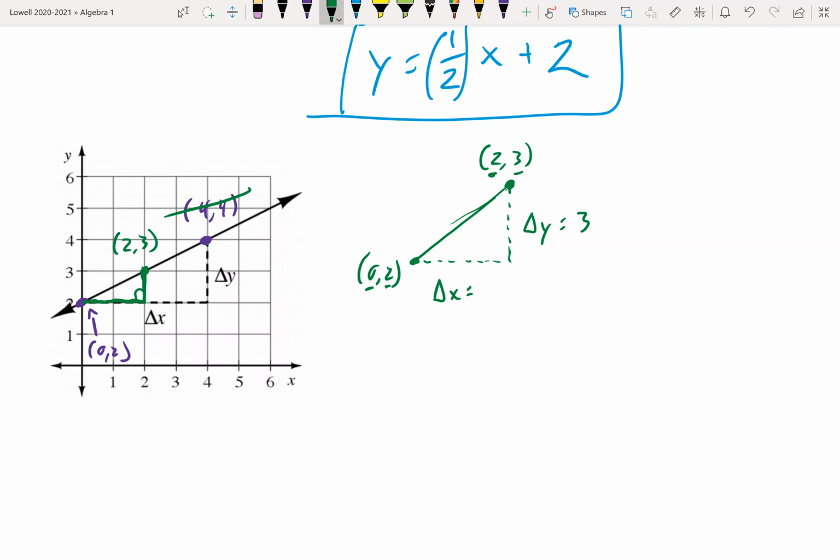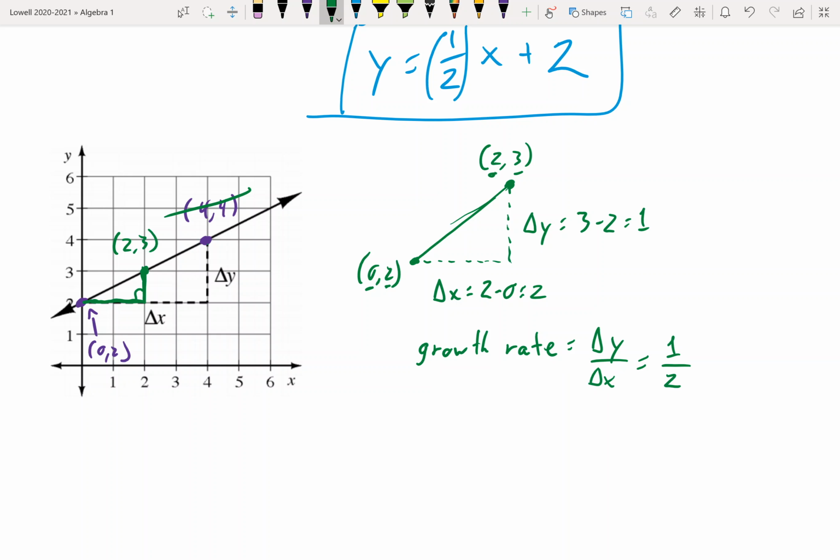So how far is it from 2 to 3? You would just subtract them. 3 minus 2 is equal to 1. Or for delta x, 2 minus 0 is 2. And check this out. My growth rate is equal to, again, delta y over delta x, which is 1/2.